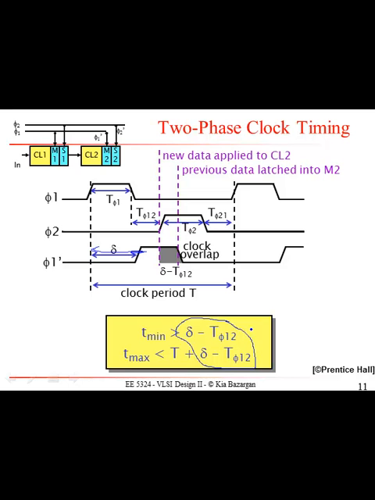What this means is that if you now have a race condition, you can address it. You can have a larger T phi12 and get rid of the race condition. The only downside is, of course, that by increasing your T phi12, you're probably increasing the clock period. You're slowing down the system. But it's better to have a slow working system compared to a system that doesn't work because of its skew issues.